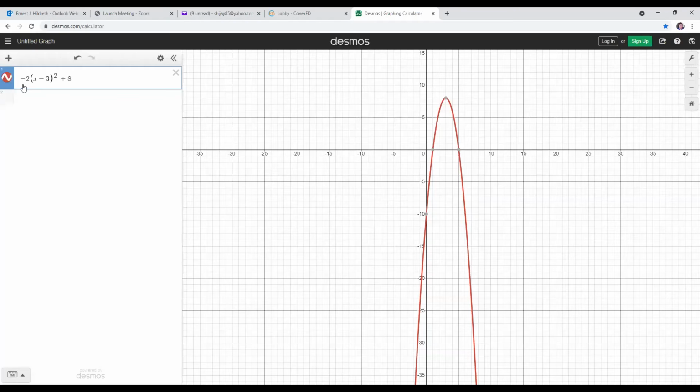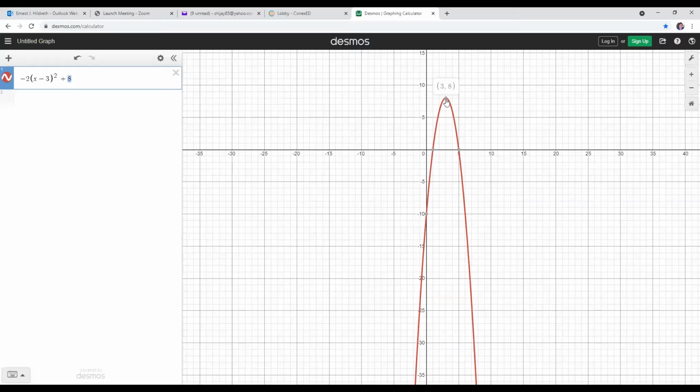And we would look at h, which is 3. And then we have our k, which is 8 here. So if we were to look for the vertex, all we would have to do is look at h and k. So that would be 3 and 8. And that gives us our vertex of 3, 8.